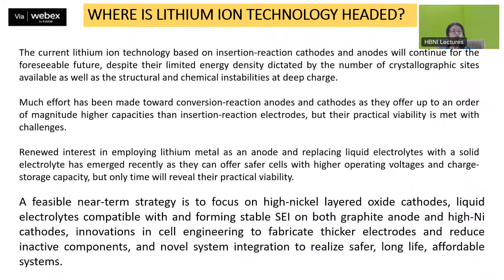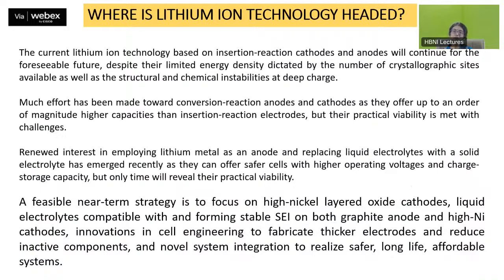Then you have a renewed interest in employing lithium metal as an anode and replacing the liquid electrolytes with a solid electrolyte. But this is a very recent field of research, because it can definitely offer safer cells, since you are not having a liquid electrolyte, and it can also operate at higher operating voltages and have more charge storage capacity.